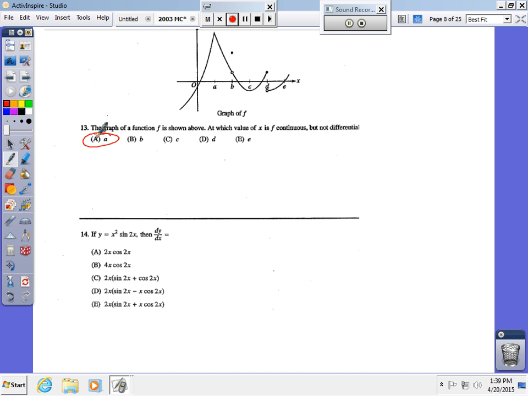14, they just want us to find the derivative. So if y equals x squared sine 2x, got to use a product rule, a little chain rule in there. So the derivative of the second is cosine 2x times 2 plus the derivative of the first, which is 2x, and then leave the second one alone. Let's see how much simplification I have to do for this.